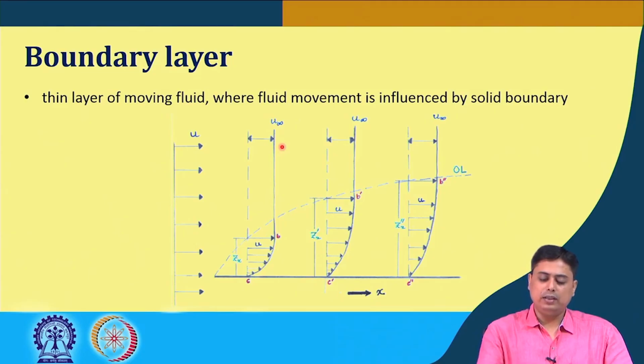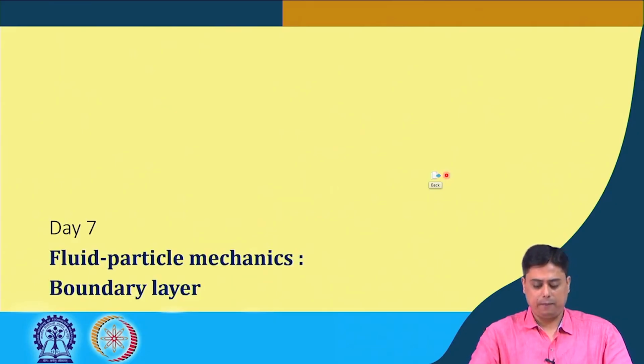These velocity distributions are asymptotic in nature, so the fluid achieves the bulk fluid velocity at some point far from the solid object. These points are connected by an imaginary line.